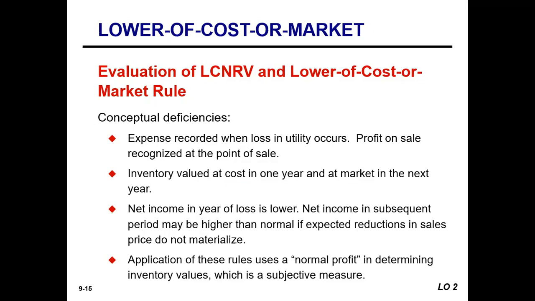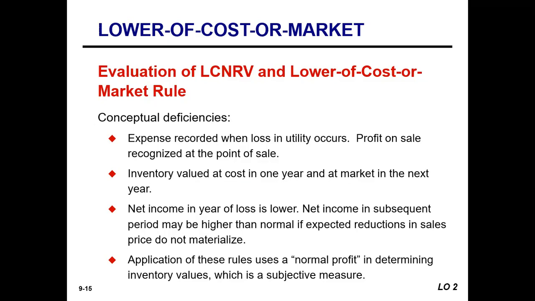The inventory is valued at cost in one year, and then could be valued at market in the next year. Again, the consistency principle says that we want to choose the same valuation methods year over year. So again, we're applying these rules inconsistently, right?